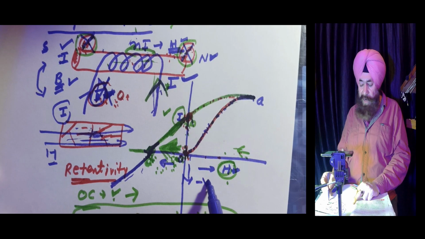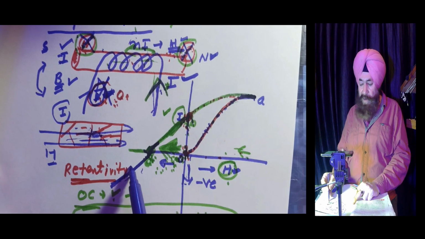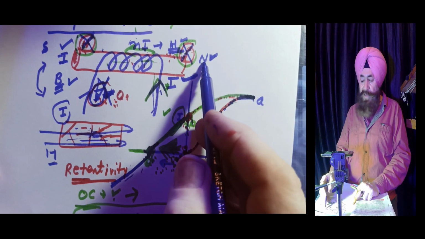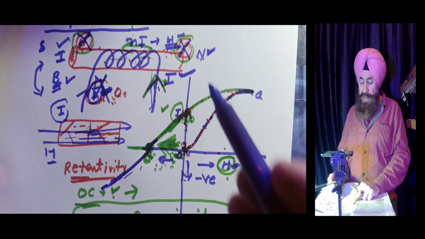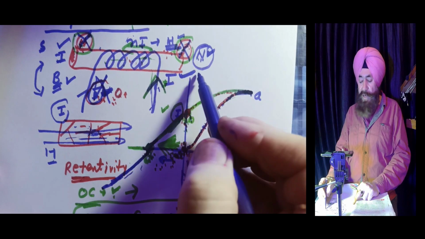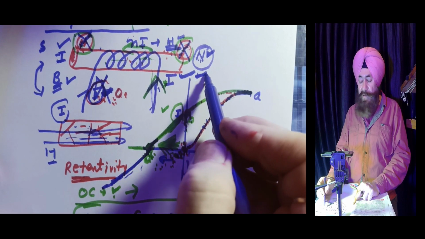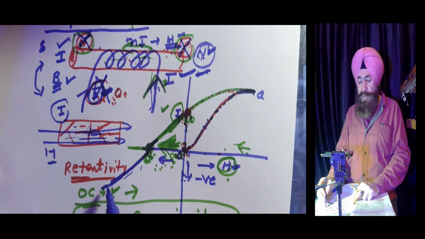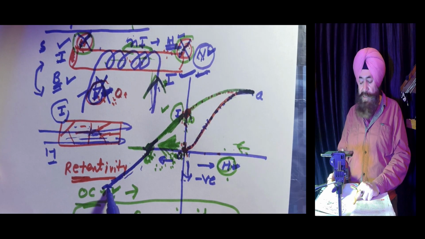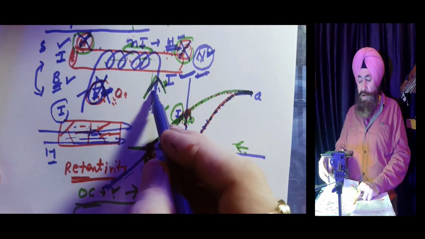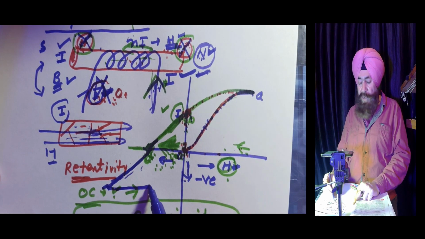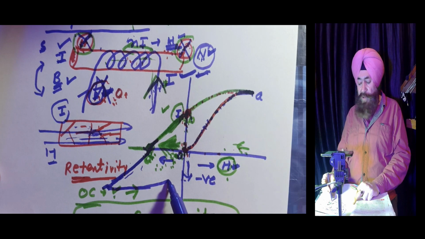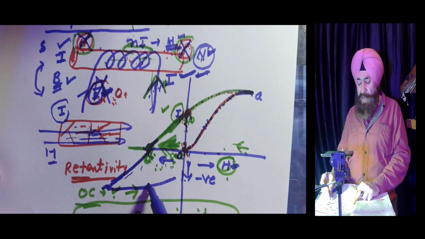Now it is negative I. Negative intensity of magnetization means this face now becomes the north pole. And again a stage is reached when it is maximally magnetized, and further is not possible. Then there is saturation. Then you go on decreasing I.